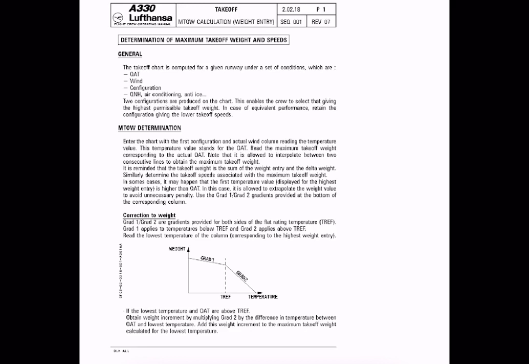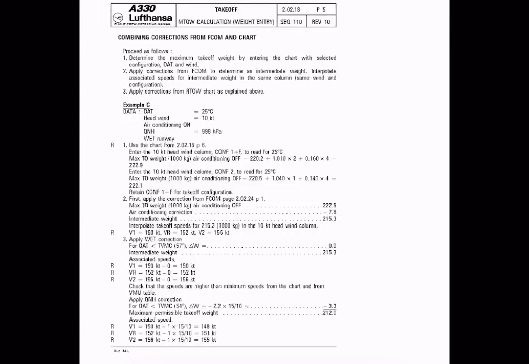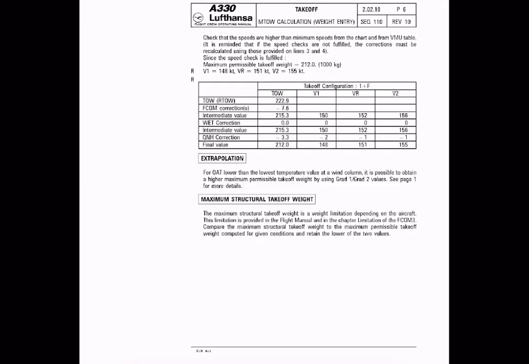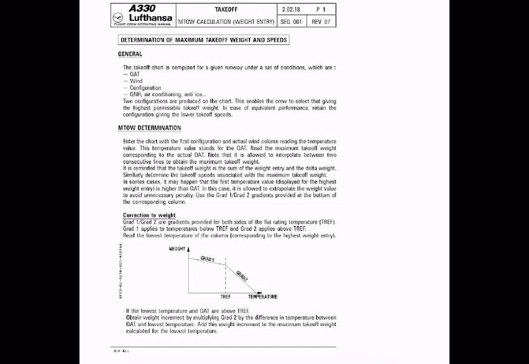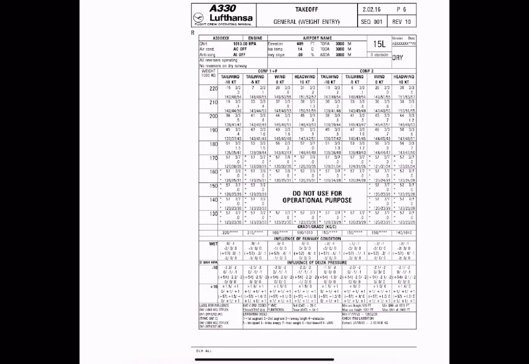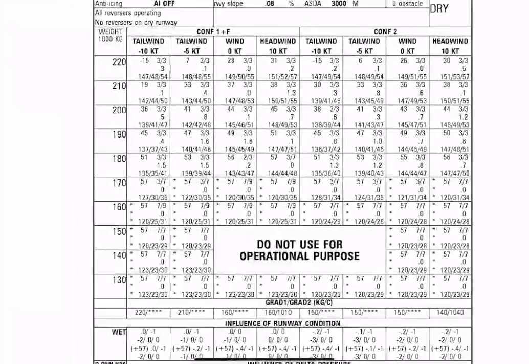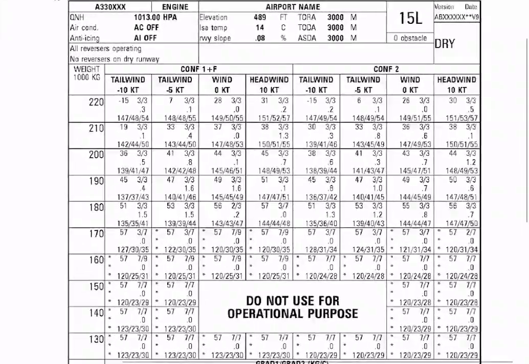DLH all. Weight 1,000 kilograms. Takeoff general weight entry. That's good. Can't find the page I'm looking for. Oh, wait. There we go. So general weight entry, 1 plus F, conf 2, right?